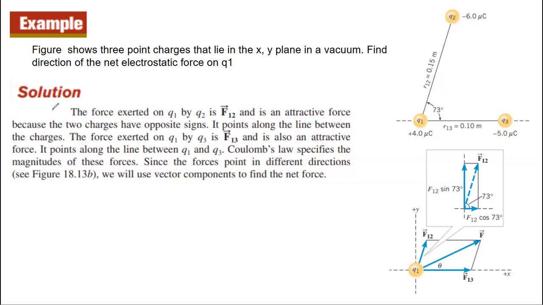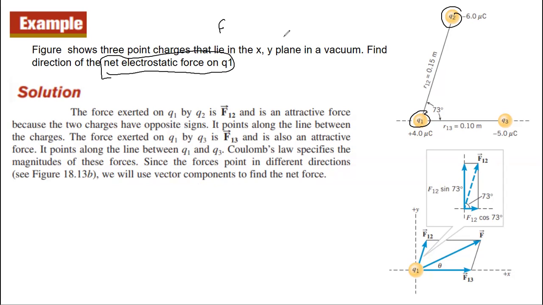So the force exerted on the charge Q1 by the charge Q2, okay, is, let's see this, Q1 and charge Q2. Again we have to find the net electrostatic force on the charge Q1.